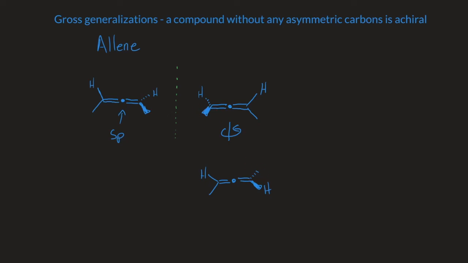If I try and superimpose this on my structure up here, notice that I can get the hydrogen and the methyl group to align on the left, but the methyl group is in the back rather than in the front. And so those two molecules are not superimposable. And so an allene does not have an asymmetric carbon, but it is or can be a chiral molecule.